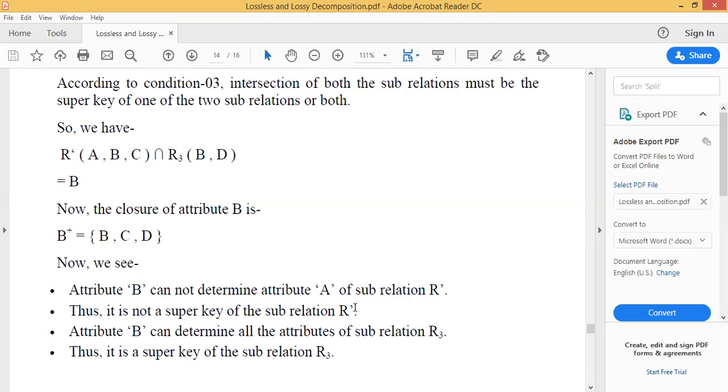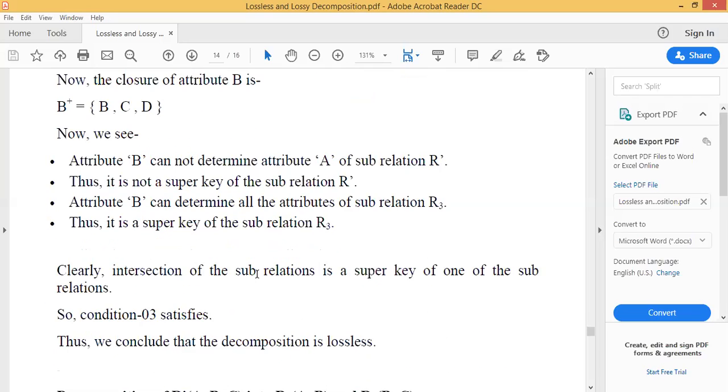Thus, it is not a superkey of the subrelation R dash. But attribute B can determine all the attributes of subrelation R3. Thus, it is a superkey of the subrelation R3. Clearly, the intersection of the subrelations is a superkey of one of the subrelations. So condition 3 is satisfied. So we conclude that the decomposition is lossless.